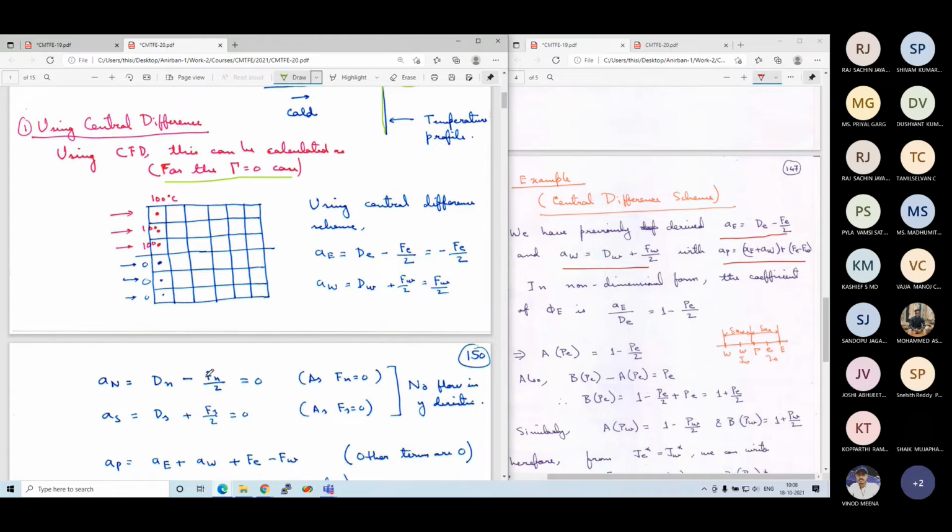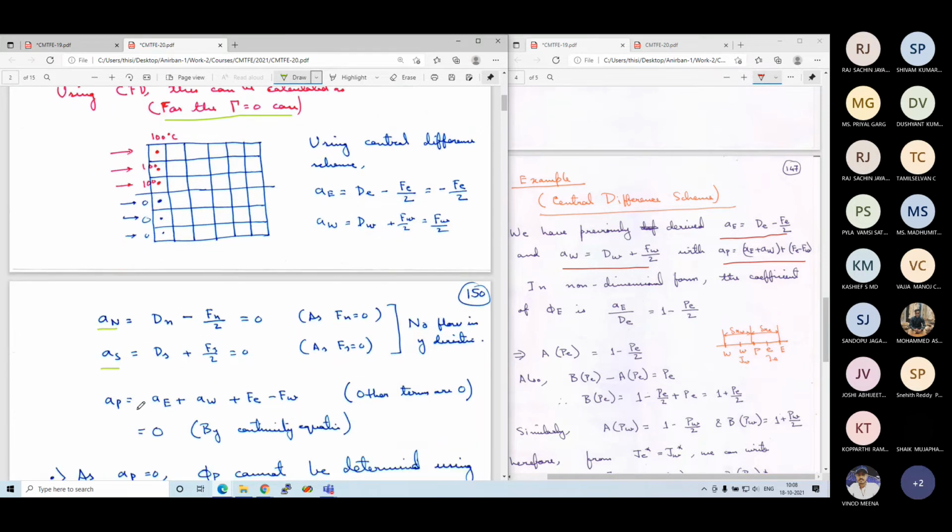Dn and Ds are also 0 because there is no diffusivity. So An and As are also 0. Ultimately AP will become equal to AE plus AW plus 0 plus 0 plus Fe minus Fw, plus 0 minus 0. So AE plus AW plus Fe minus Fw, because all the other terms are 0.